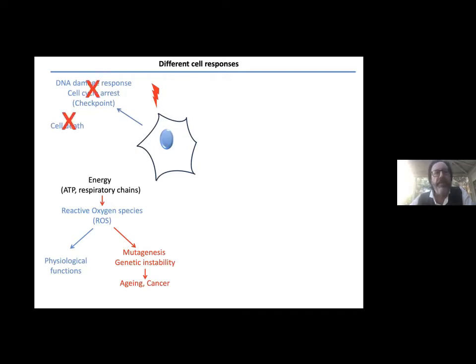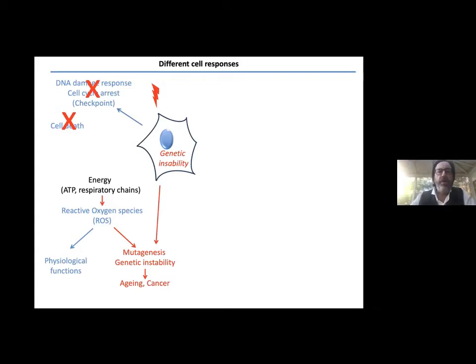But cells possess the capacity to respond to DNA damage and to repair DNA. If this doesn't work, or if there is too much damage, and if cell death is not working, then you will accumulate genetic instability that will lead to aging and cancer predisposition.